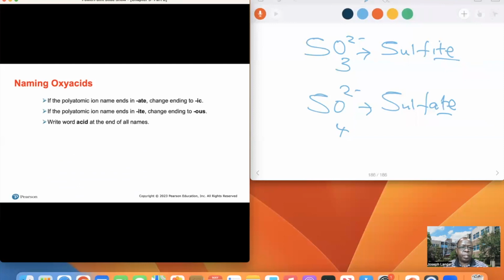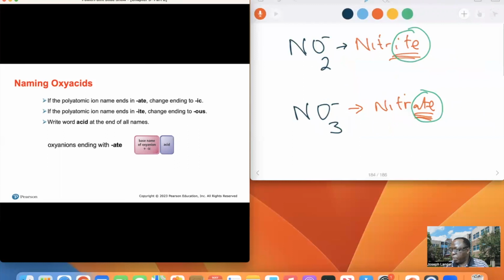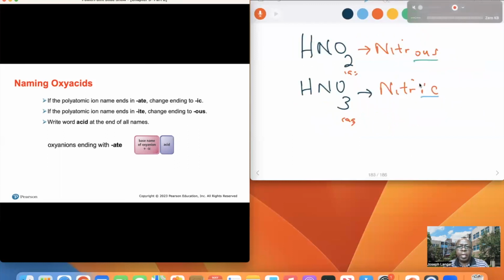With the word acid at the end. For either of these, you have to add acid at the end. Oxyanion ending with ATE: the base name of the oxyanion, and then the word IC. I gave you an example here of nitric and nitrous acid.